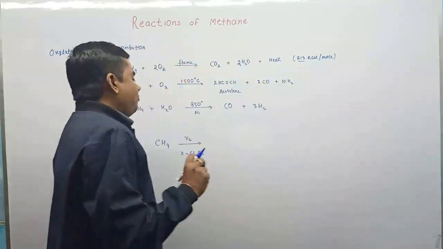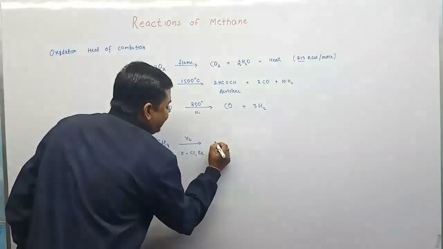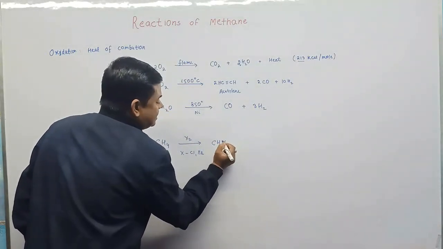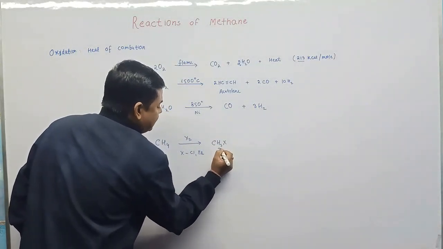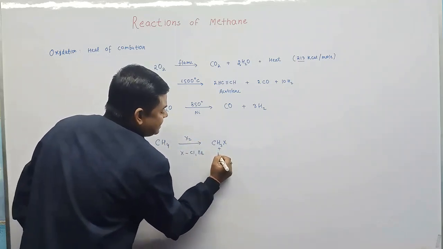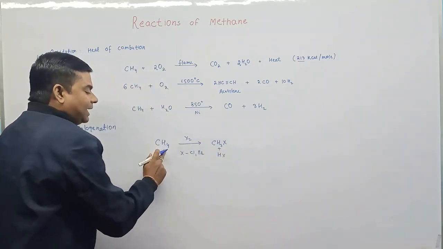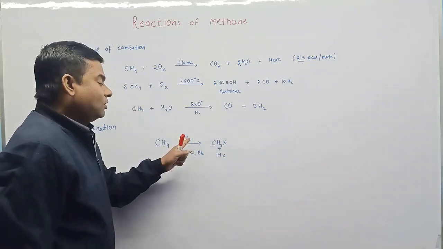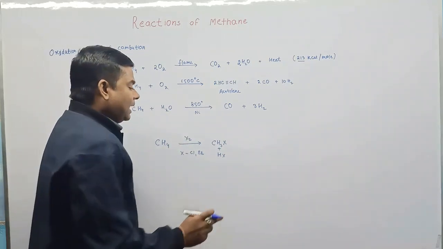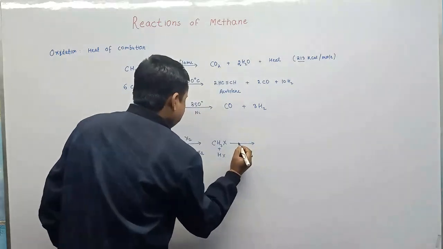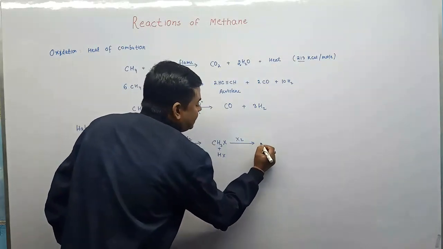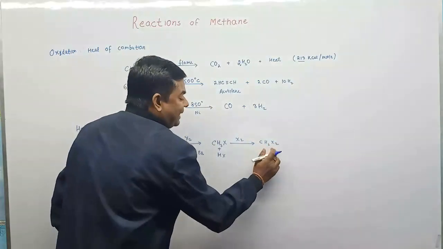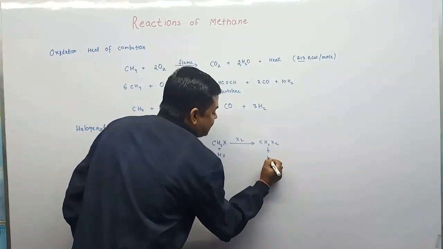Okay, so we have CH3X plus HX, that is one of the hydrogens is replaced by one halogen atom, and further if we treat it again with X2, the second hydrogen will be replaced and we get CH2X2 plus HX.